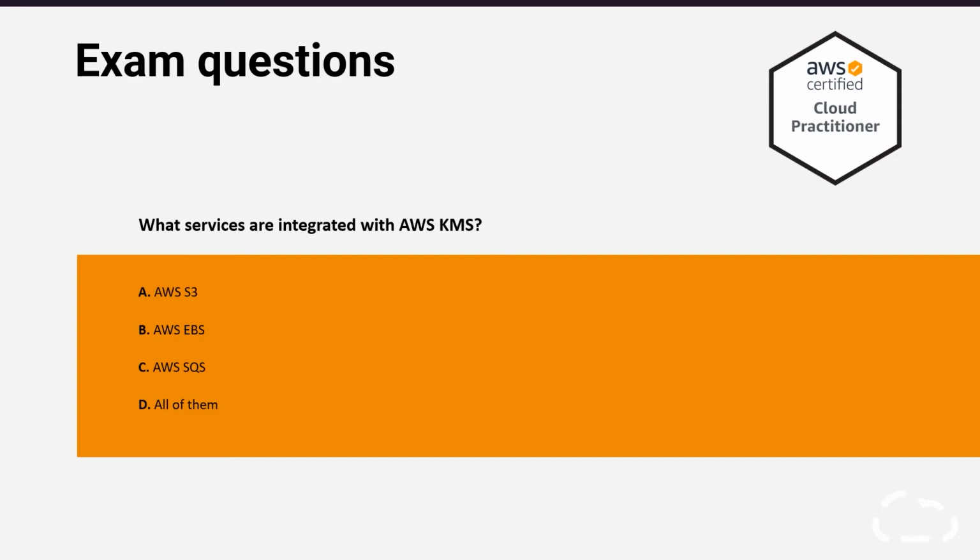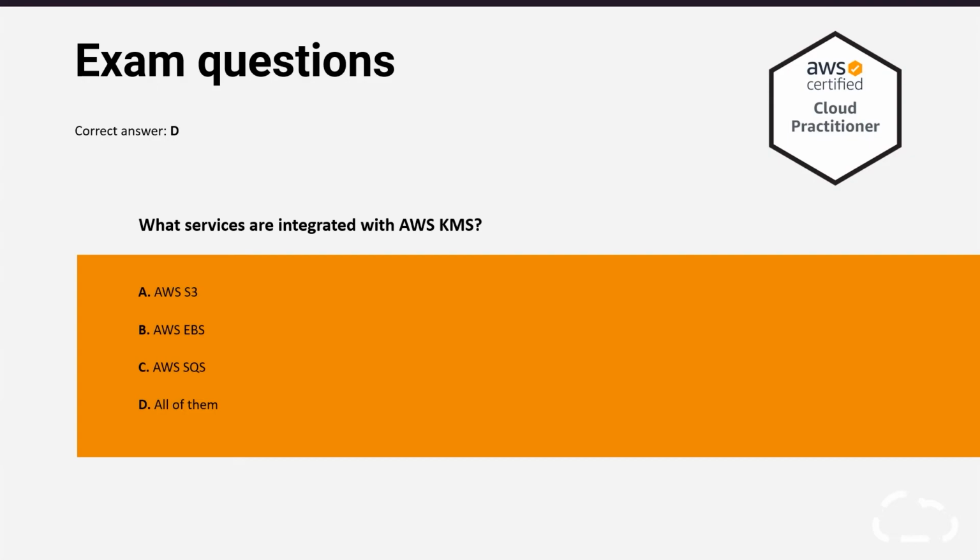The next is, what services are integrated with AWS KMS? AWS S3, AWS EBS, AWS SQS, all of them. Do you remember at the start of this video I provided you the list of the services which are integrated with KMS? So we know that the right answer is all of them, so D.